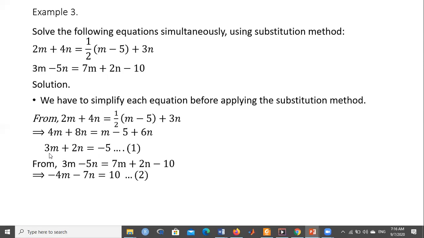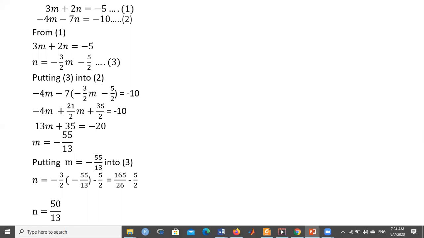So equation 1 is 3m plus 2n equal to minus 5, and simplifying equation 2 gives minus 4m minus 7n equal to minus 10.